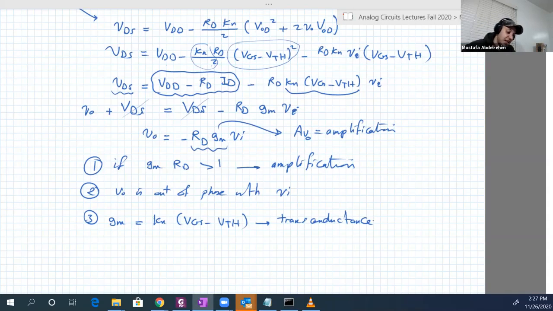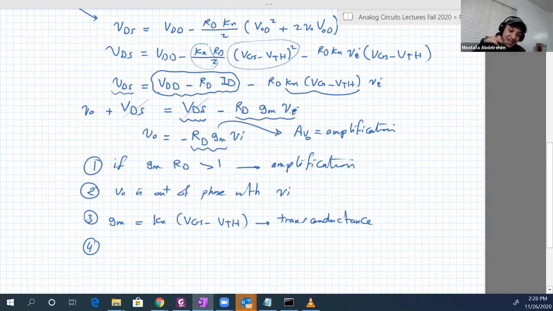Another very important observation is that when we have an input that is part AC and part DC, we will have an output that is also part AC and part DC.